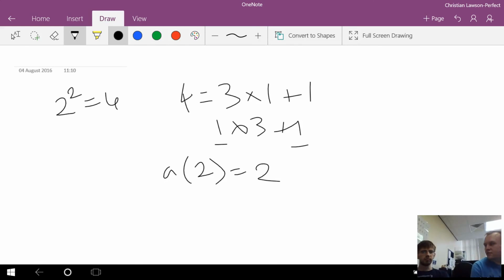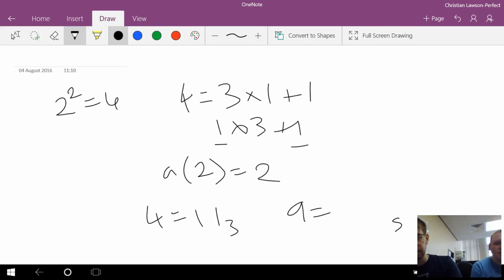Should we try 5? If we write 4 in base 3, 4 in base 3 is 1, 1. Yeah, so that's what I was doing. Okay. So then if we take 3 and 9 in base 5, it's 1, 4.